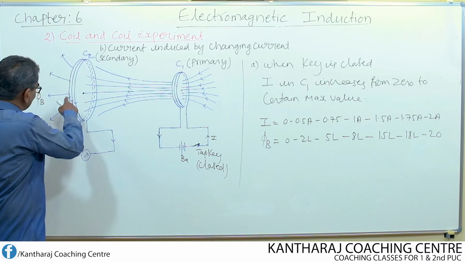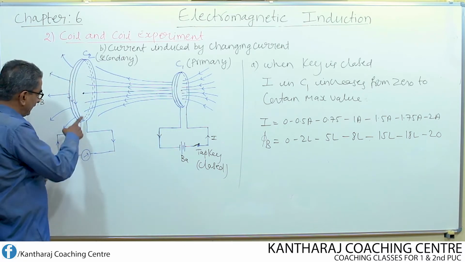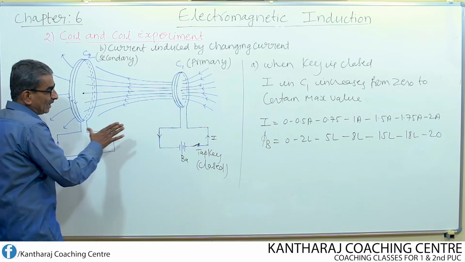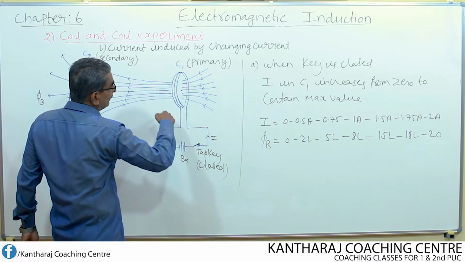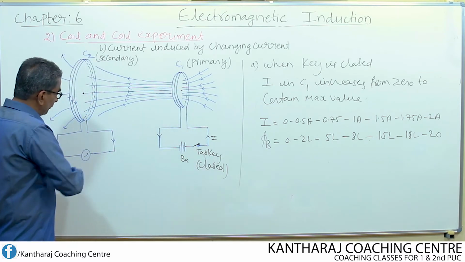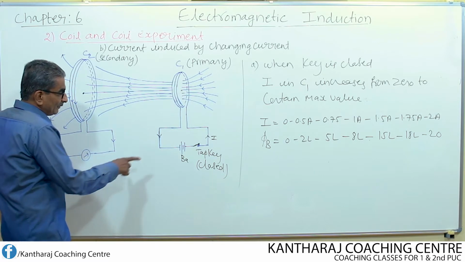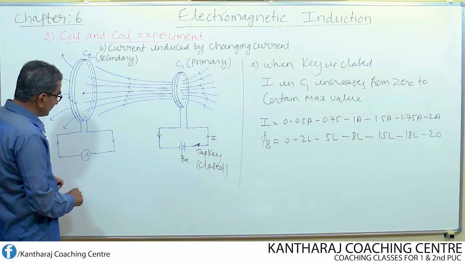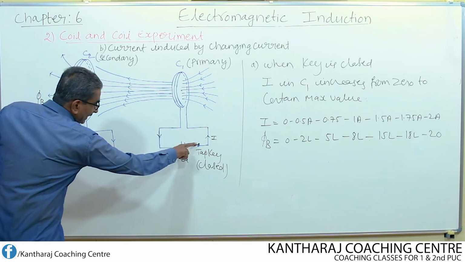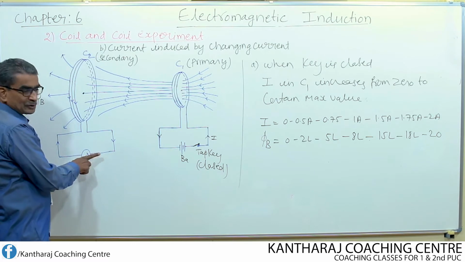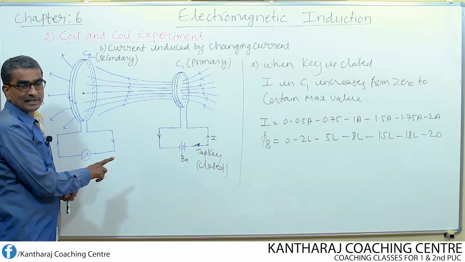You can notice the direction of the induced current. Once again, according to Lenz's law, it is opposite to the current that is flowing in which coil? Primary coil. Now, one more thing: when the key is closed, because of the induced current, the galvanometer shows a momentary deflection in one direction.